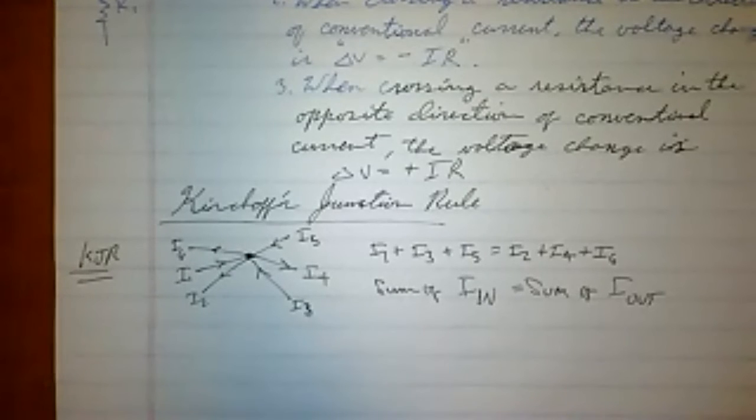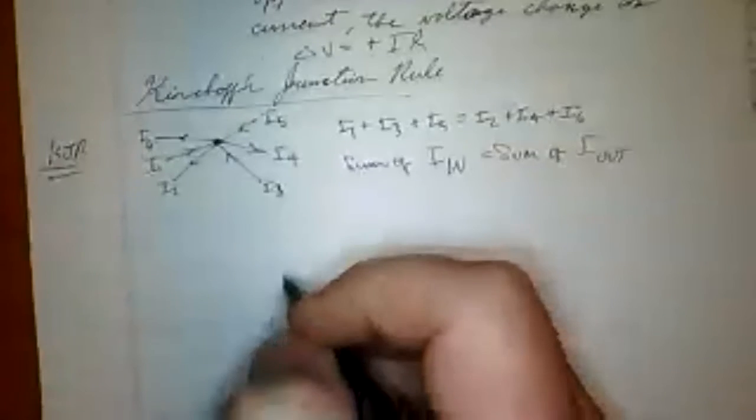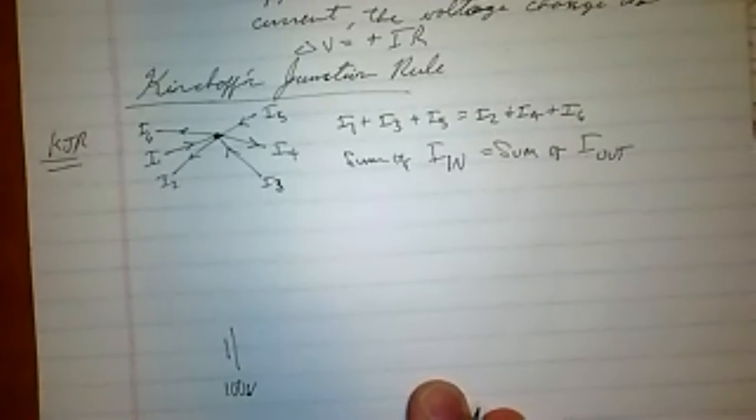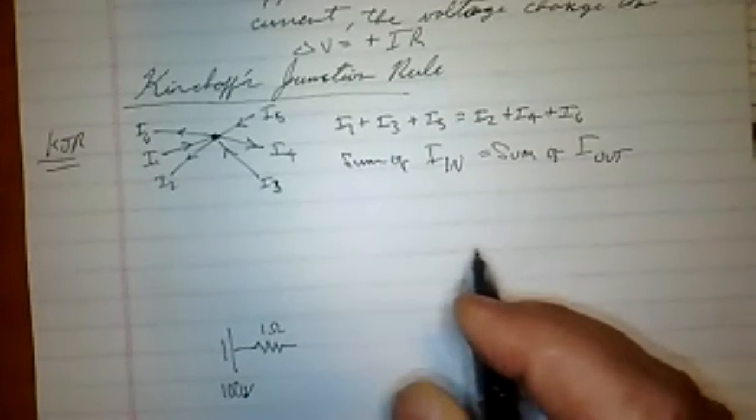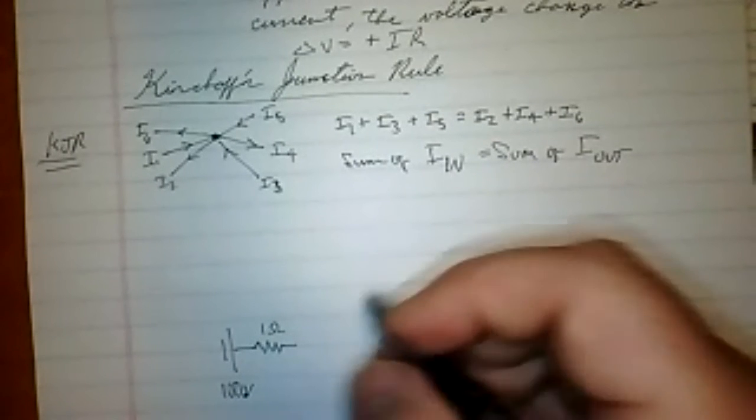Since we don't have enough time to do the next example, I'll draw it out real quick. Let's say we have a 100 volt power supply right there. I'm going to say it's got a resistance of 1 ohm, internal resistance.